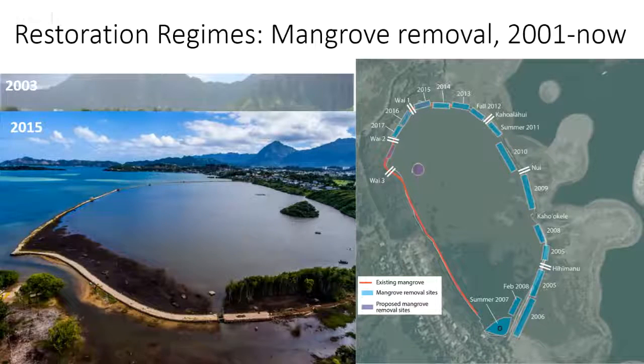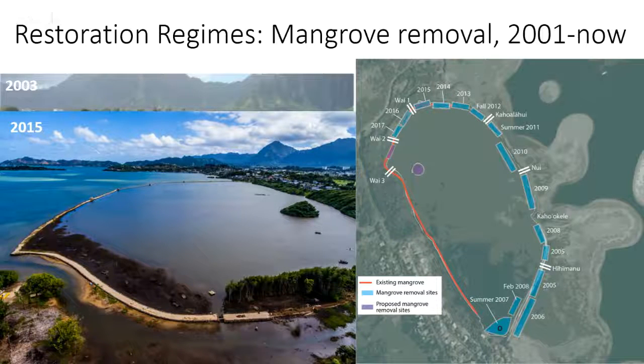You can see that they made really amazing progress in removing the mangroves around the pond periphery. And sometimes you can see that these mangroves leave behind areas of really thick sediment accumulation. And on the graph on the right, you can see the chronosequence of mangrove removal over the past 10 years or so.